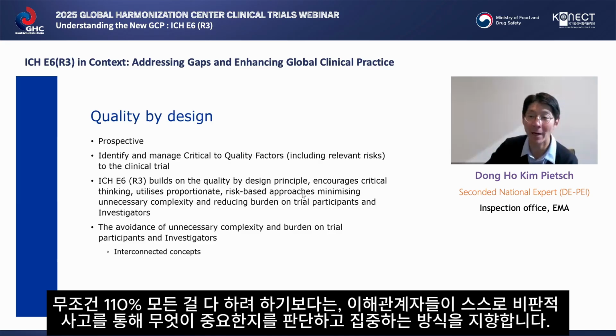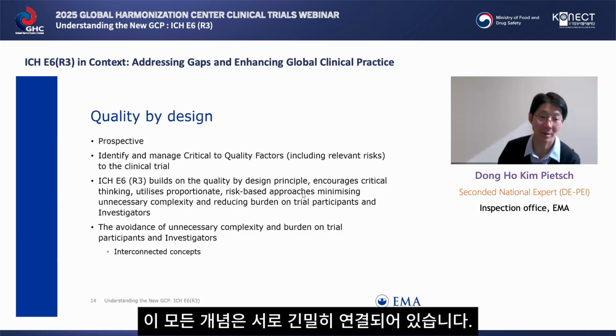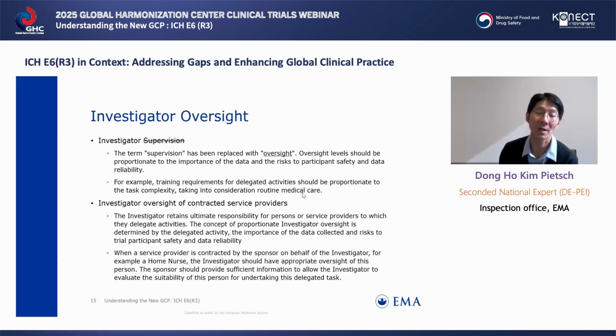This requires, and this is where we want to encourage, critical thinking by the stakeholders, and this should lead to minimizing unnecessary complexity and also reducing the burden on the trial participants and investigators as well. These are all interconnected concepts.